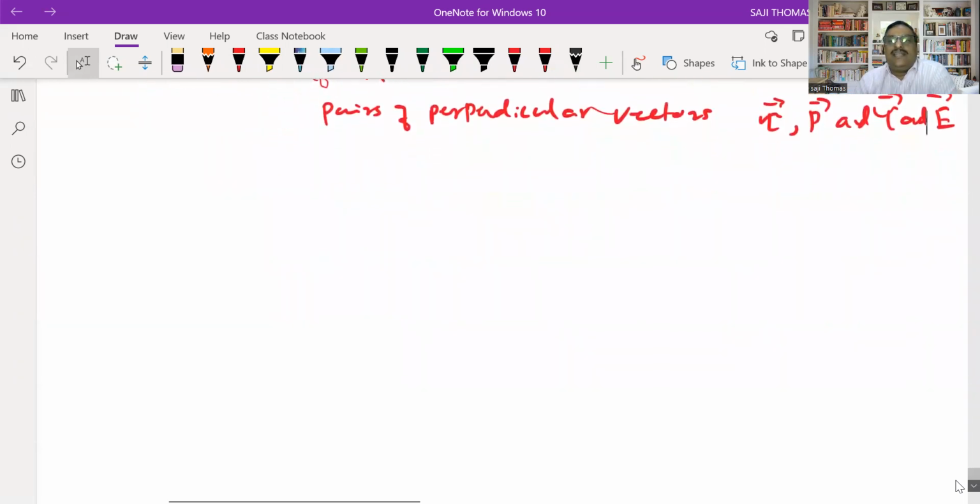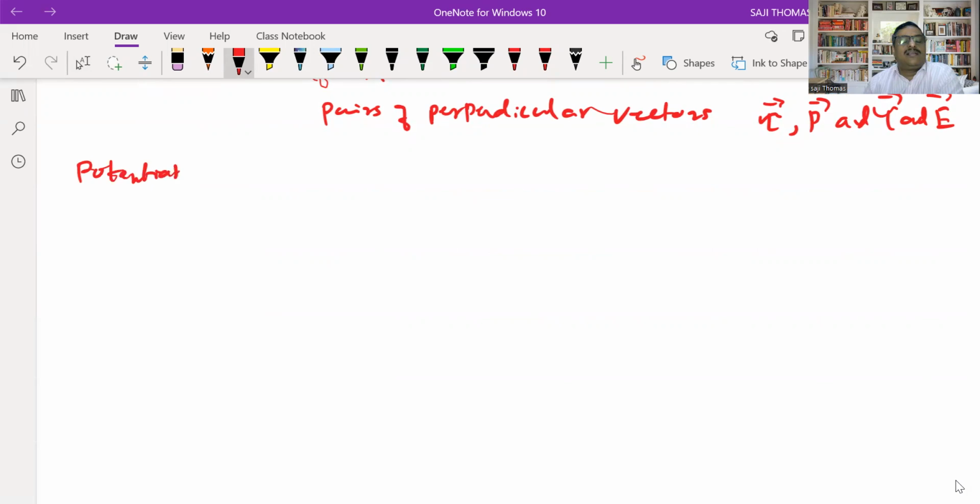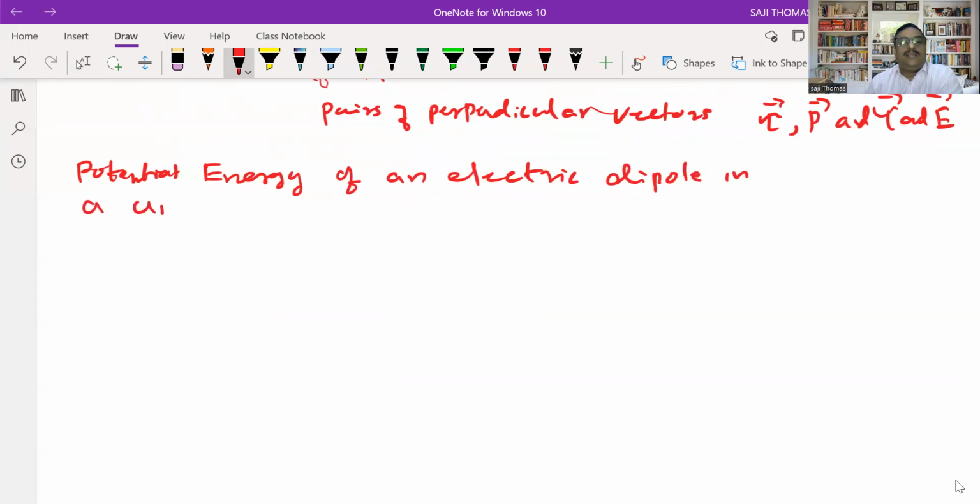So I am writing the next heading: potential energy of an electric dipole in a uniform electric field.